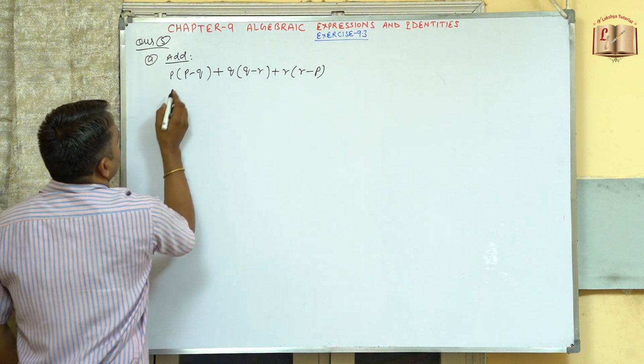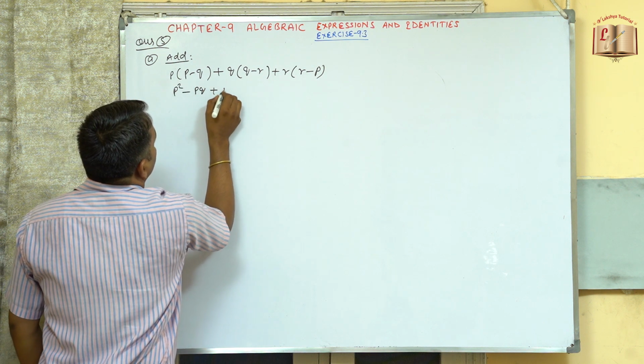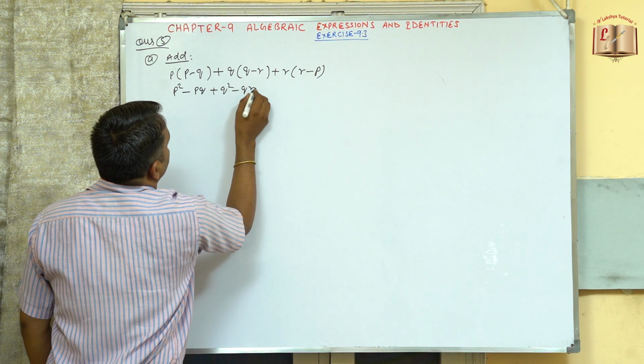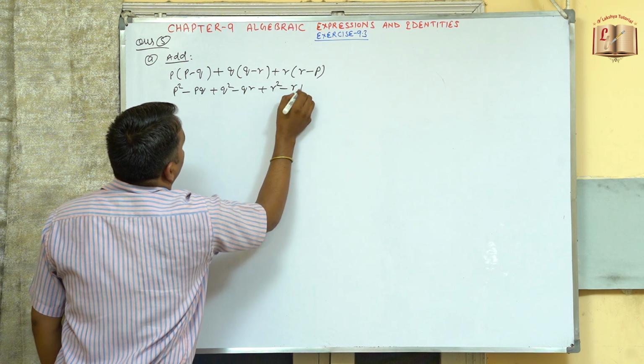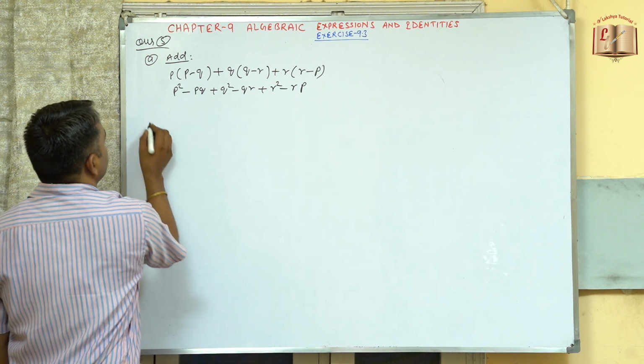First of all we simplify, this will be p square minus pq plus q square minus qr plus r square minus rp. So these are independent terms, so it will be like this only.